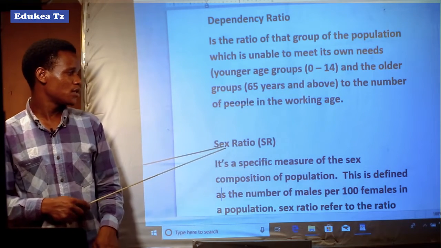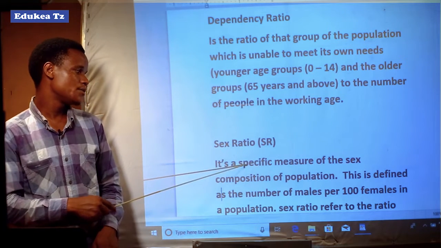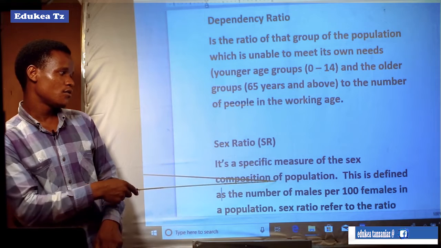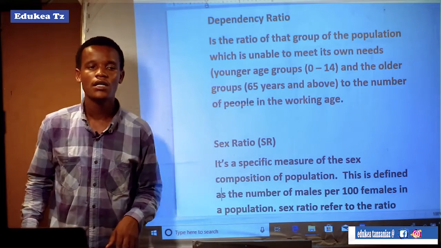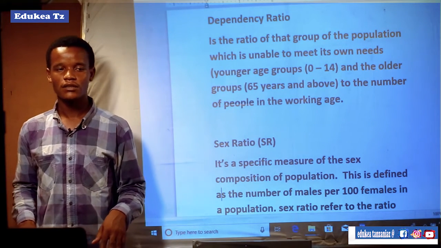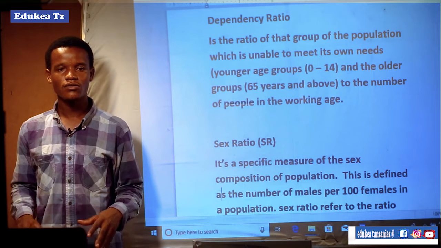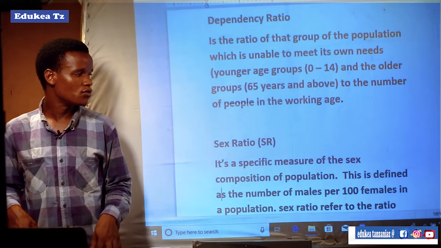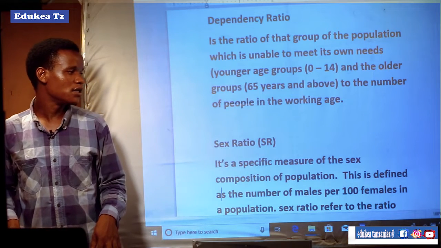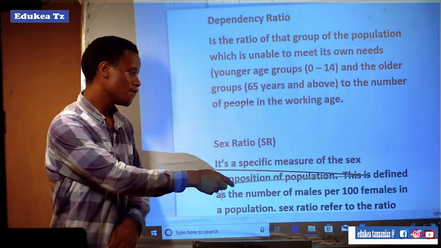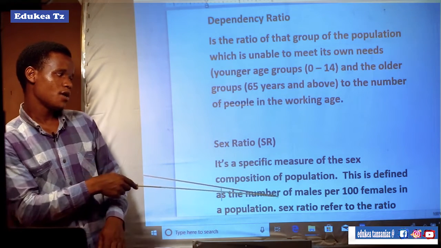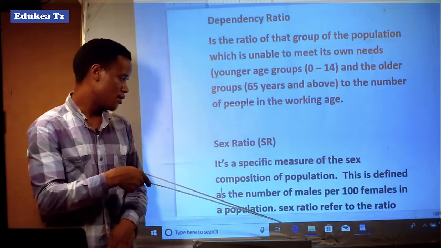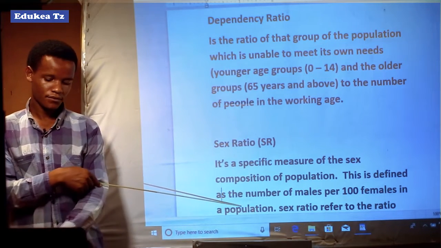Another terminology is sex ratio. Sex ratio is a specific measure of the sex composition of a population. Here we look at the ratio between male and female, how they relate to each other. It is defined as the number of males per 100 females in a population.